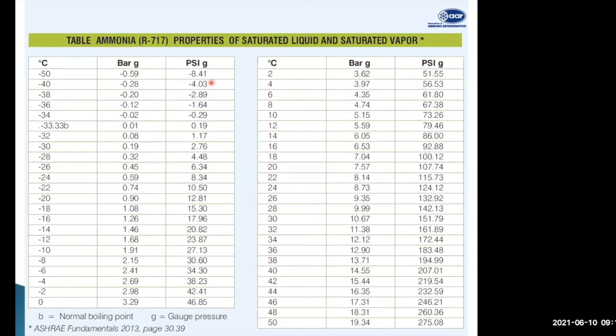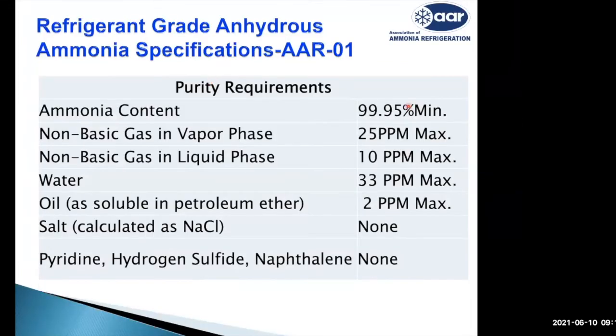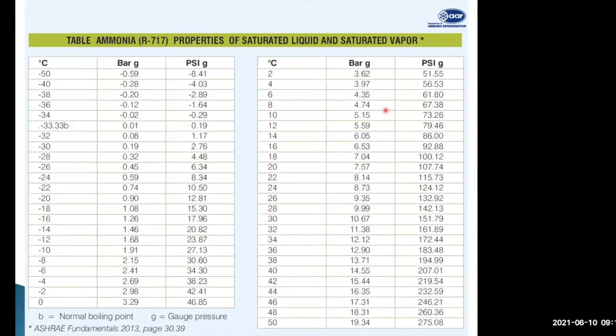What does not pure mean? Suppose it is 85%. It may have water, oil, or other non-basic gases like nitrogen and hydrogen, which make my ammonia impure. And then I will not get minus 40 degrees centigrade at minus 0.28 bar pressure.